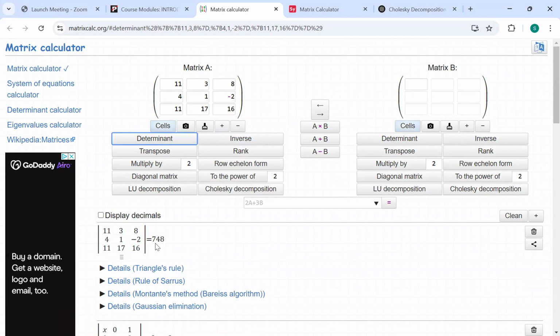Let me grab a calculator. And I'm going to do 5 times 748. The answer to the determinant is negative 3,740. And remember, we don't interpret those numbers, right? So I have no idea what that number means.